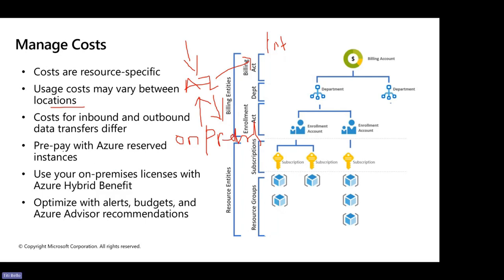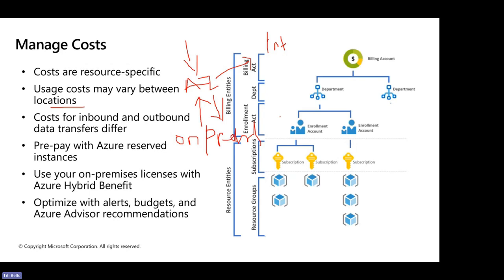And you can also have what we call Azure Reserved Instance. Some of your resources, we can create an Azure Reserved Instance. A virtual machine can be reserved. When you create a reserved instance, you are locking down the price. Remember we said an enterprise agreement customer locks down the price.